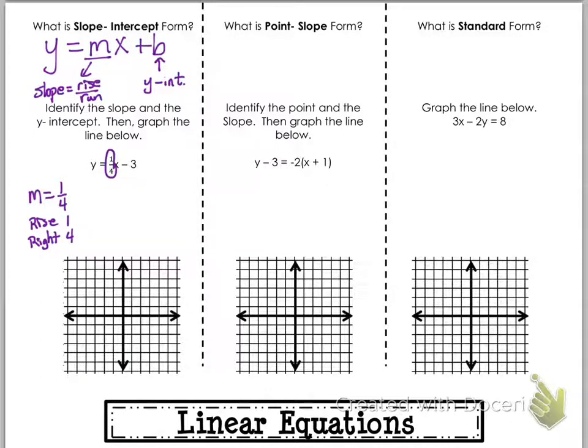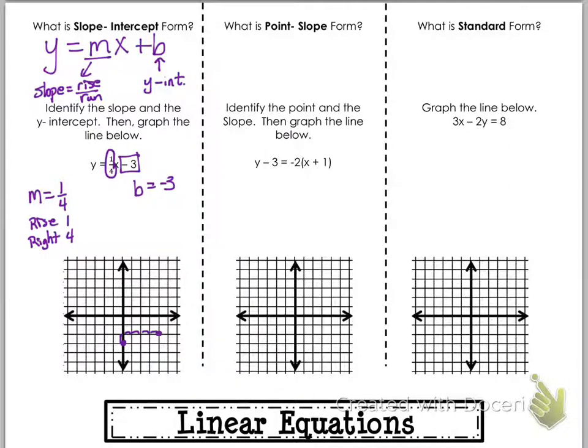Our y-intercept, our b, keep the sign with it, remember, is -3. Whenever I go to graph this, I am going to start at the y-intercept, so I'm going to start at -3. Then since I have a slope of 1/4, I go up 1 and to the right 1, 2, 3, 4 and put my new point.